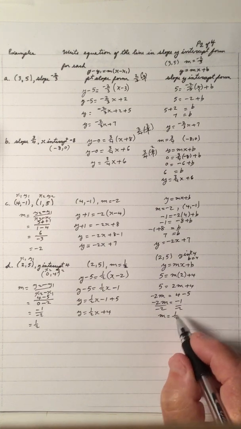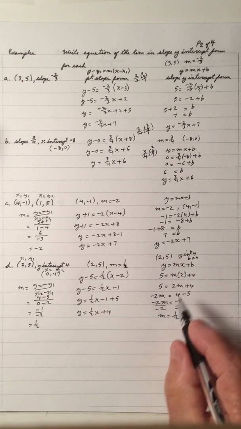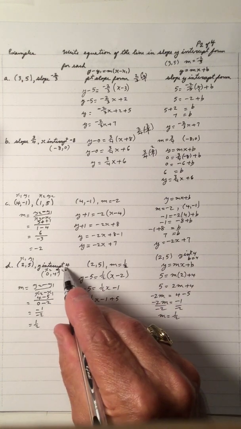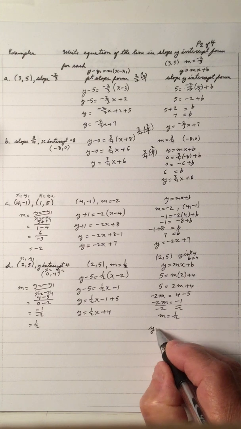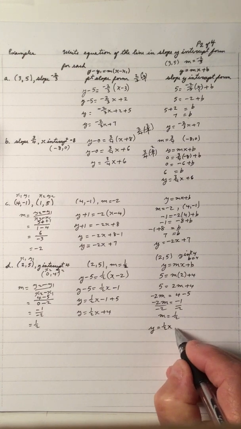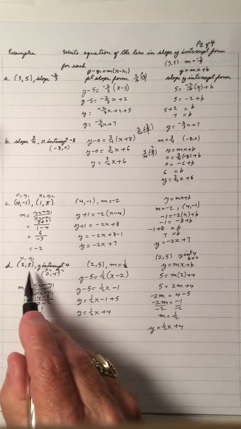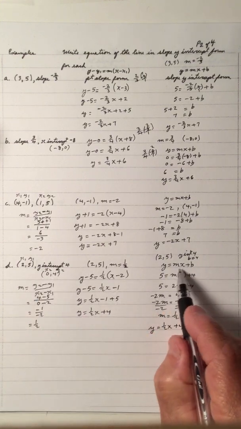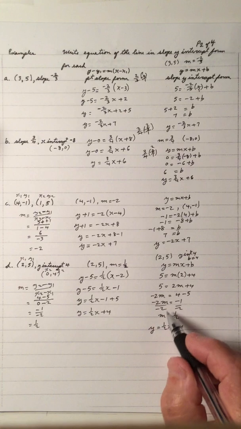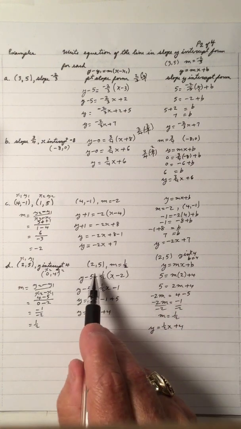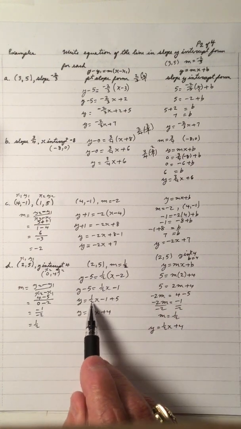So now I have a slope of a half, and I already know my y-intercept is 4, so y equals a half x plus 4. So I could have taken this information, plugged it directly into this equation, and come up with my slope, or I can plug it into the point slope form.